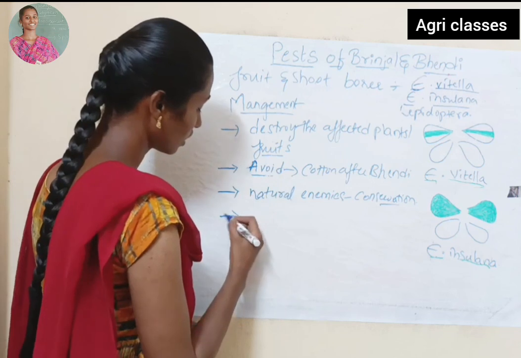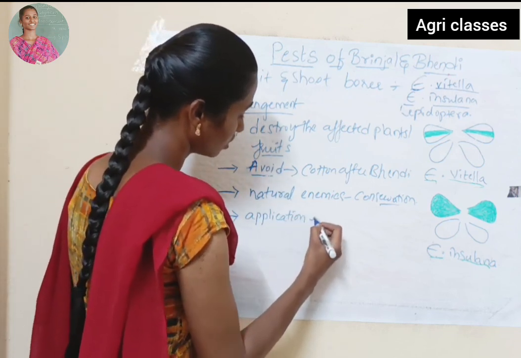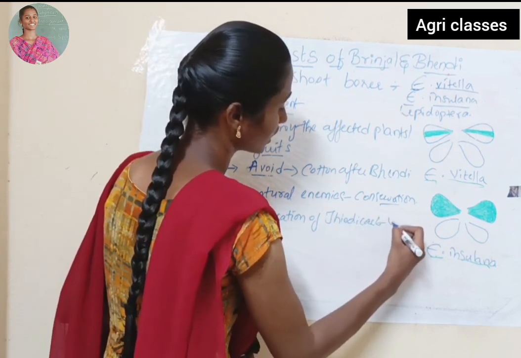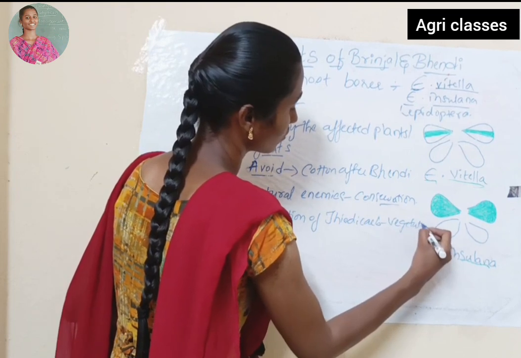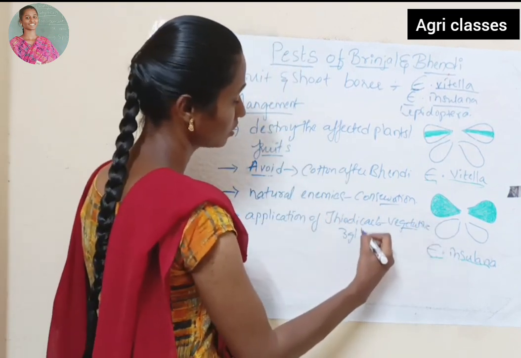So next thing, application of thiodicarb during the vegetative phase. In early stages or vegetative phase, we should apply thiodicarb 3 grams per liter.